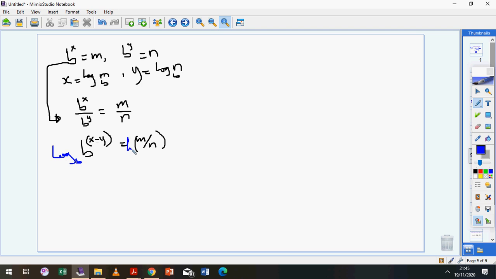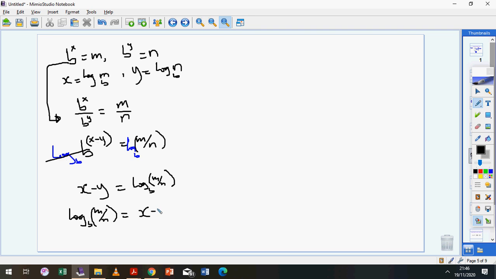Like I said, this is a valid mathematical operation. If I introduce that logarithm, we'll kill this. Then I'll be left with x minus y is equal to logarithm base b of m divided by n.